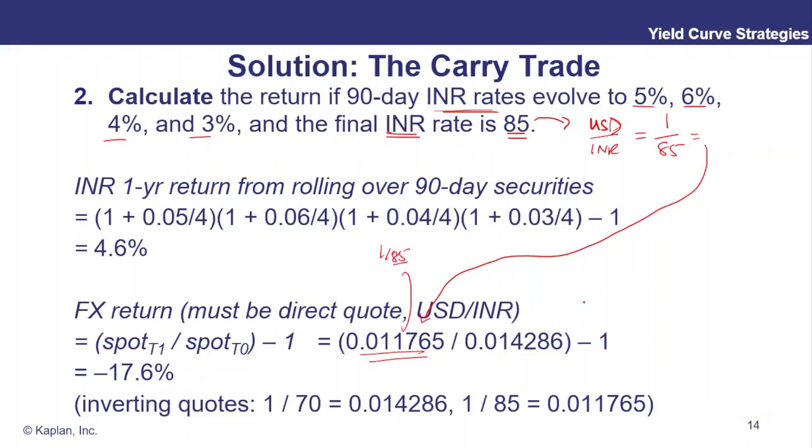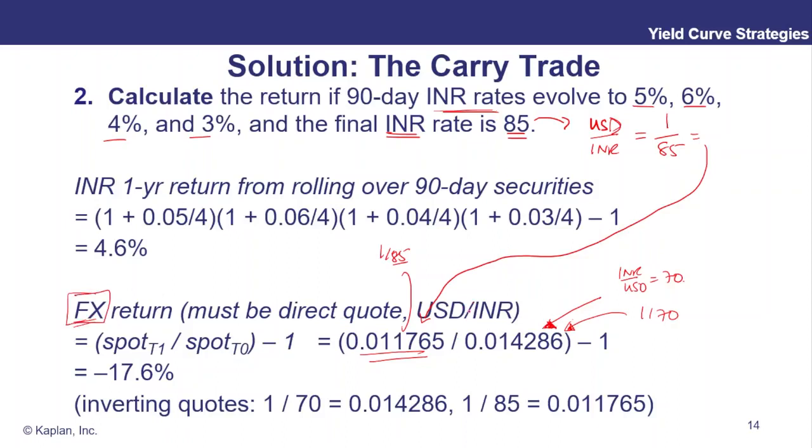You might remember that the exchange rate that we started with was 70. That was rupee per dollars. 70, and when we flip that over, that's how we get the end exchange rate the right way round. So yeah, we've got all of our sources of return here. We're focusing on the FX for now, so we might as well stick with that.